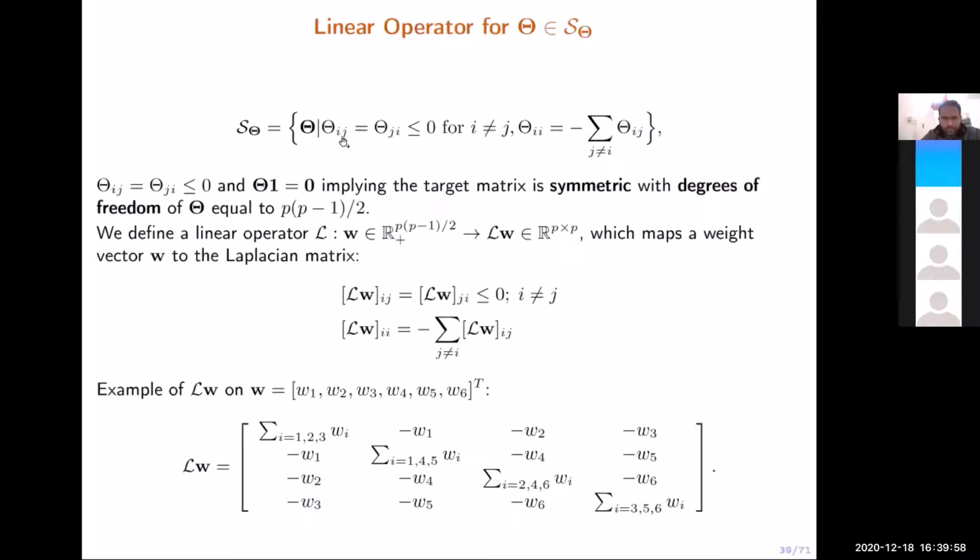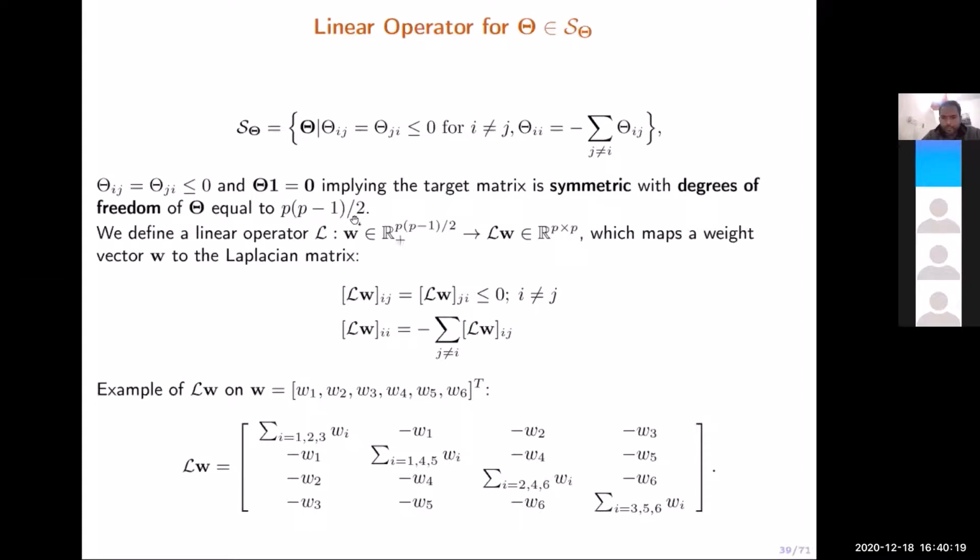Next, the diagonal element is a linear combination of non-diagonal elements. So theta_ij is less than or equal to 0, and theta times 1 equals 0, from this property. So it is a symmetric matrix which has degrees of freedom equal to p(p-1)/2.